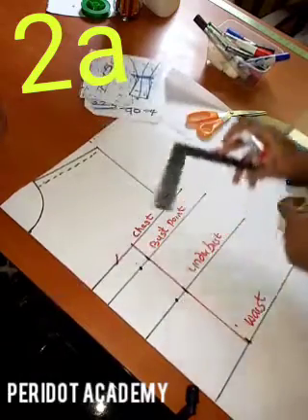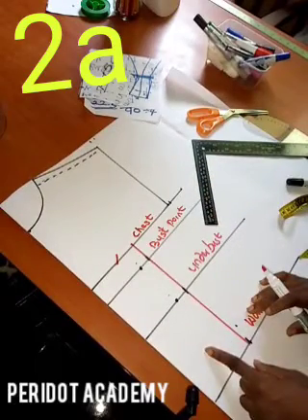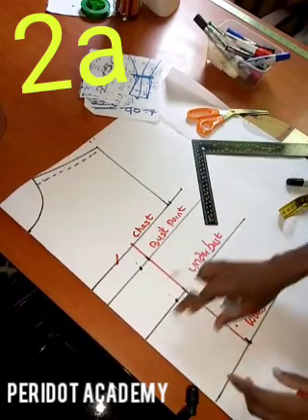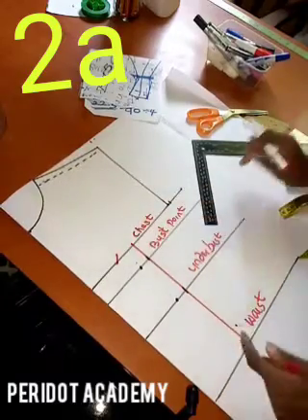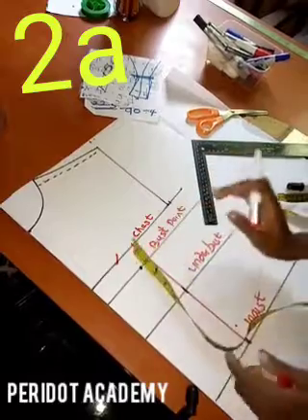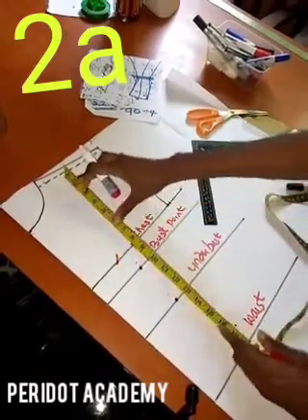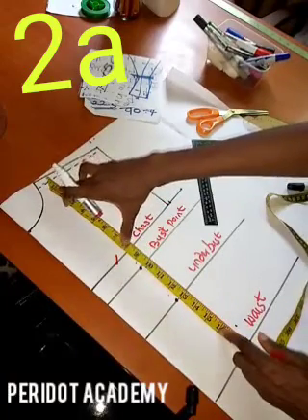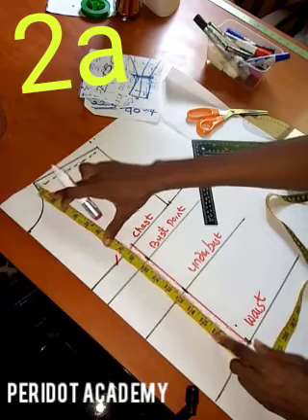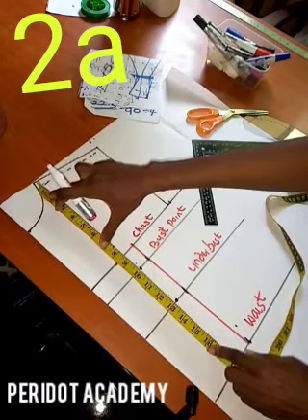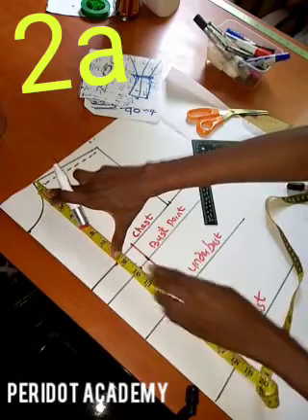The next thing for me to do now, because we are cutting a tube bustier cut, is to do my measurements. From the shoulder, you are having about 8.5 inches to the bust line.